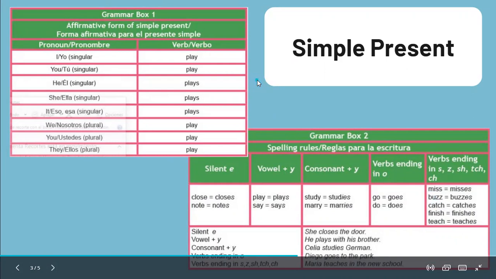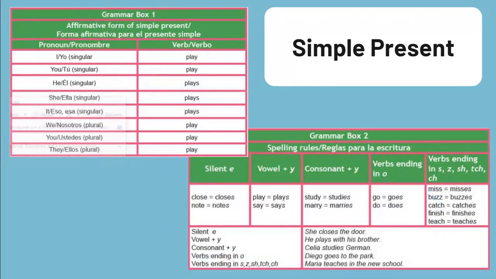And we have a few examples over here at the bottom. For example, for the silent E, she closes the door. And then you have a vowel plus a Y, and you say he plays with his brother. A consonant with a Y, Celia studies German.